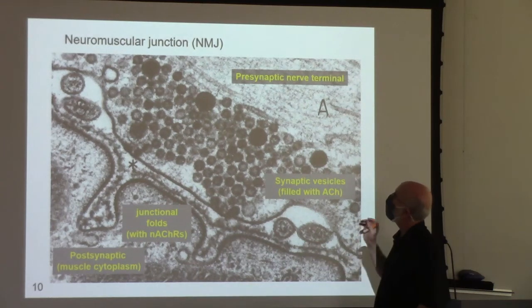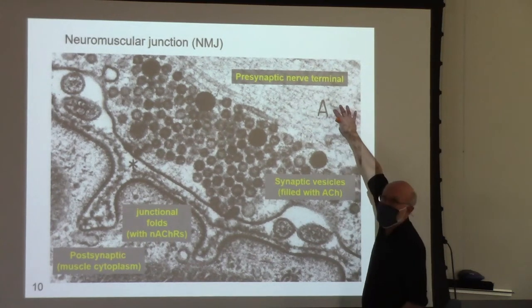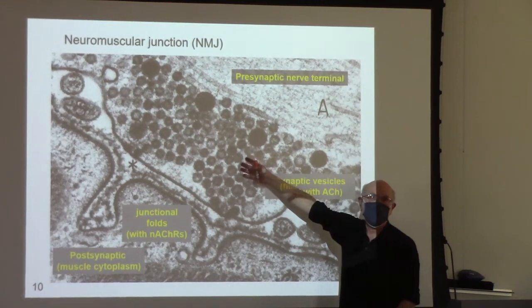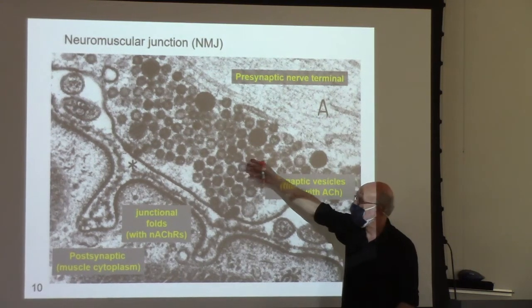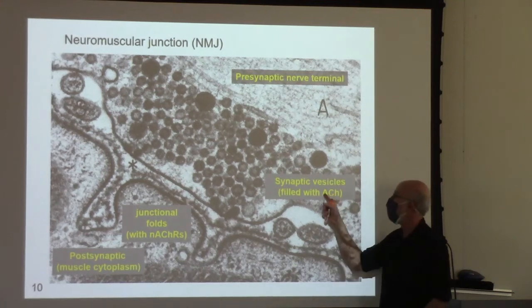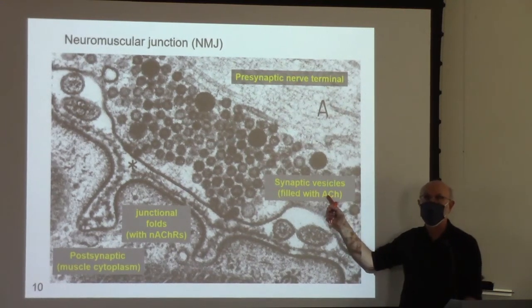So let's get oriented here. Here's the neuron. How do I know it's the neuron? It's filled with vesicles. The vesicles are packed with neurotransmitter. And at the neuromuscular synapse, the neurotransmitter is acetylcholine.